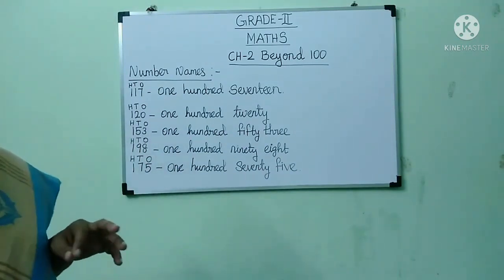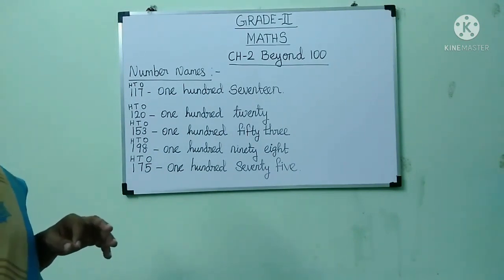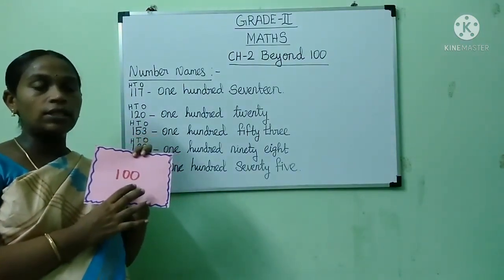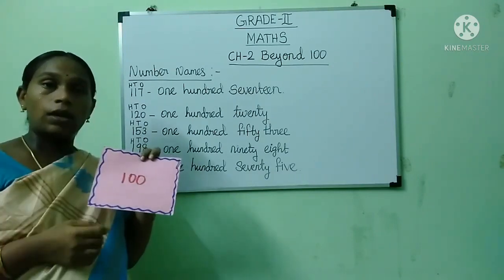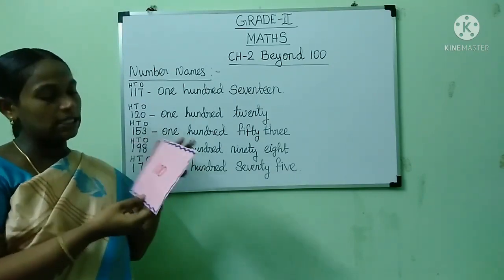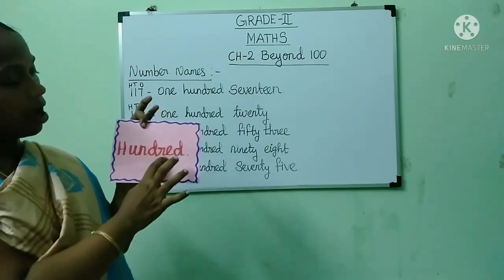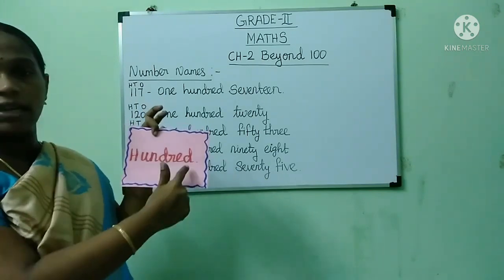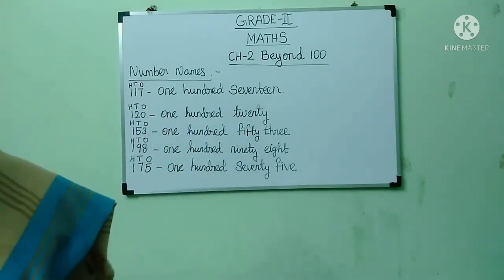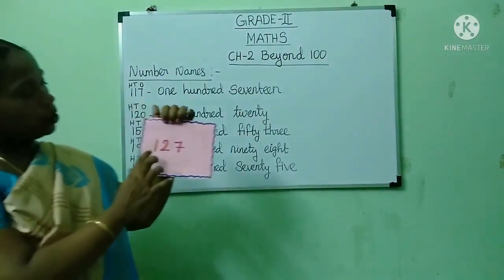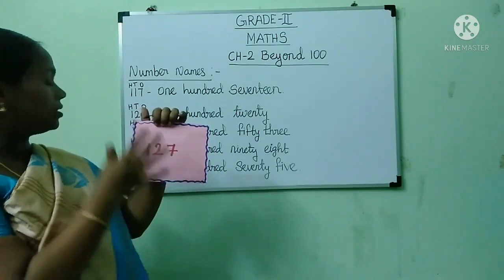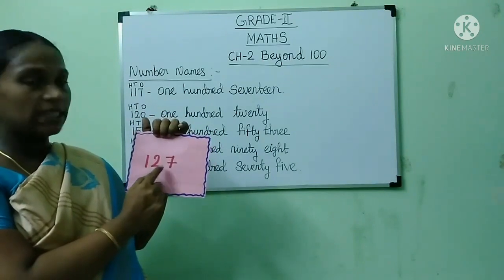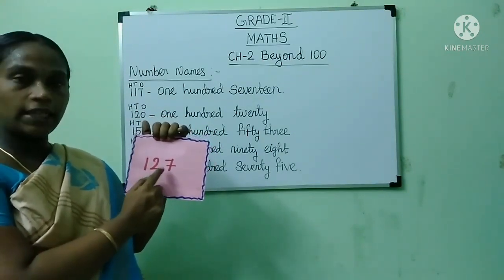Okay. I will show you some number names. What is the spelling of 100? H-U-N-D-R-E-D, hundred. Okay, the next one: 127. How to read this number? 127.